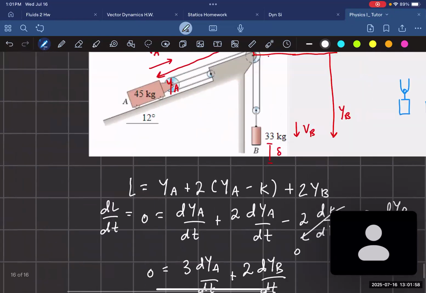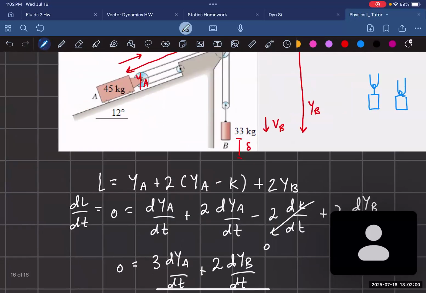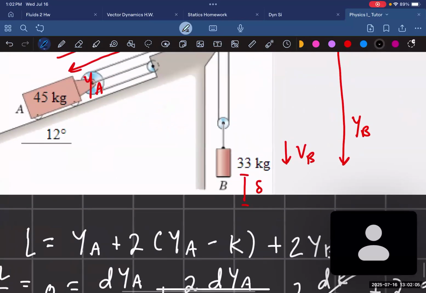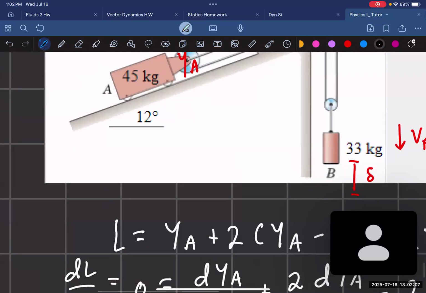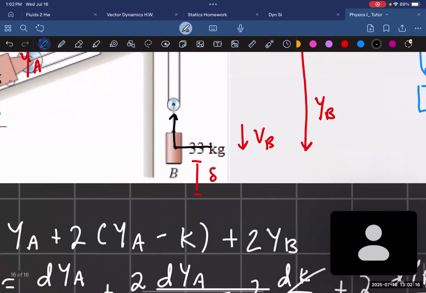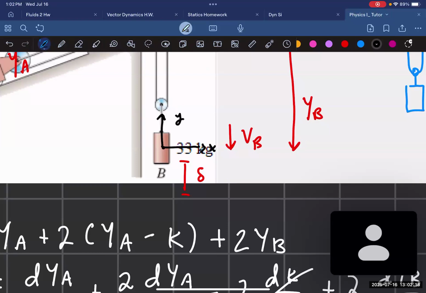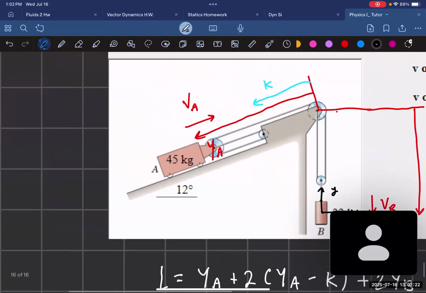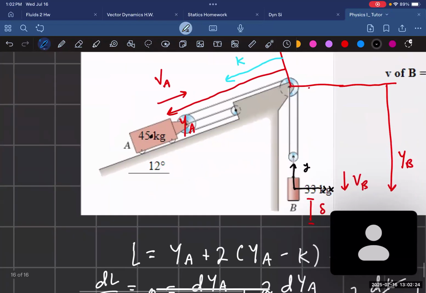But for the sake of this problem, and to show you that mathematically they're the same, I'm going to choose my coordinate system at the initial position of box B. So my Y and X are here. We need some reference position from here to the center of gravity, bottom, or top of the box. It doesn't matter.